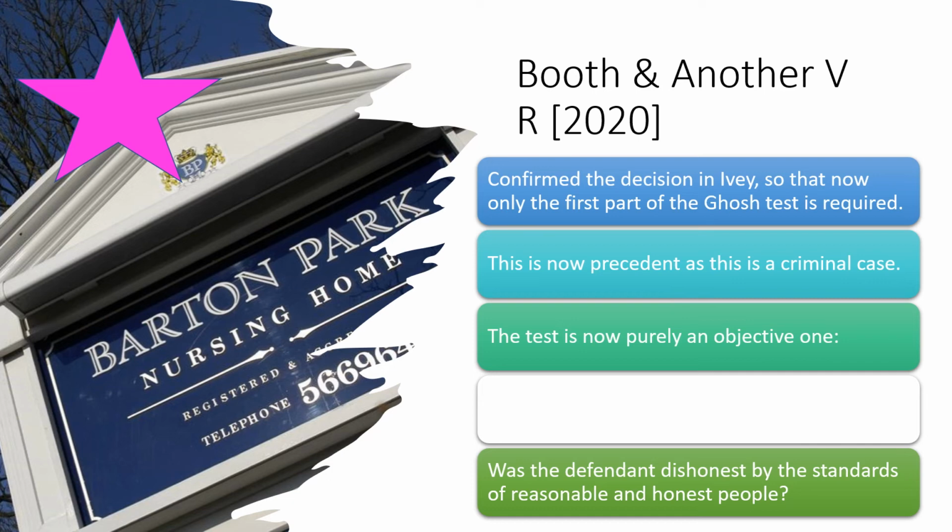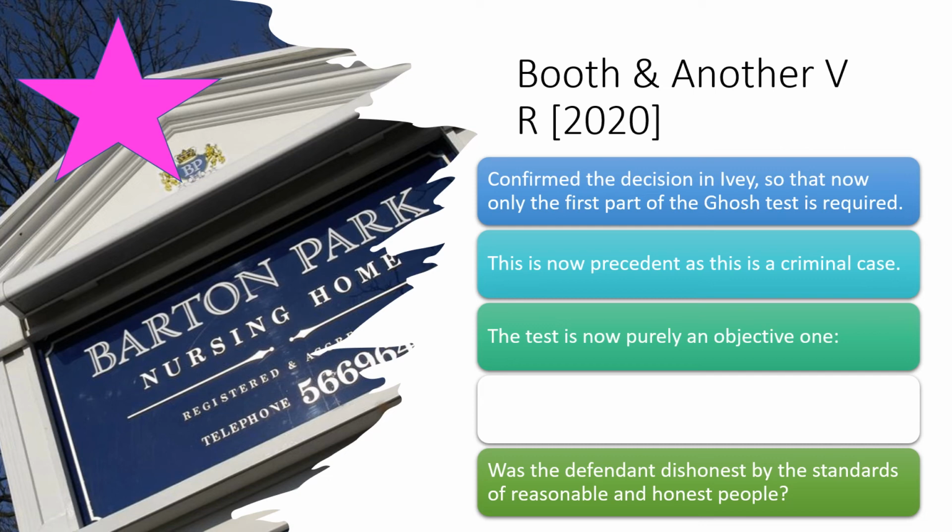So the test is now purely objective, and that is simply: was the defendant dishonest by the standards of reasonable and honest people? Again, the jury will consider, according to all those circumstances, is it dishonest, and that is the only test. So it's simplified. Don't overcomplicate it by using Ghosh.